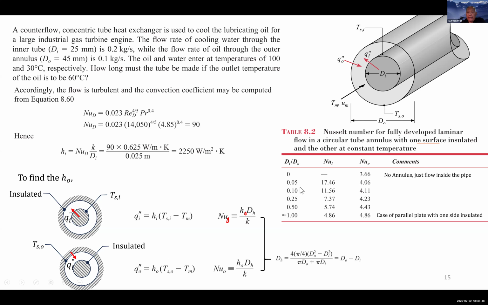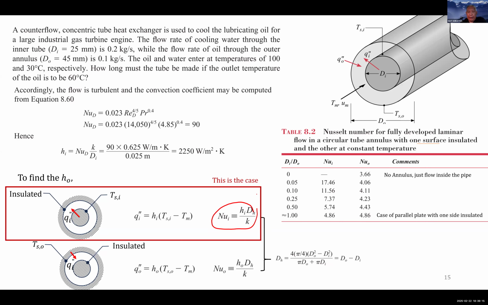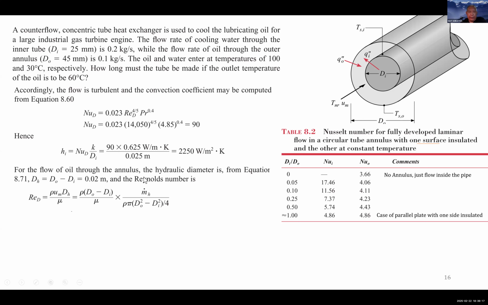And you find the D_i over D_o. This is D_i and this is D_o. Okay, and find the ratio. And after that, you read for the Nu_i. Okay, after you pick the Nu_i, you use this equation, for example, what I found. Okay.